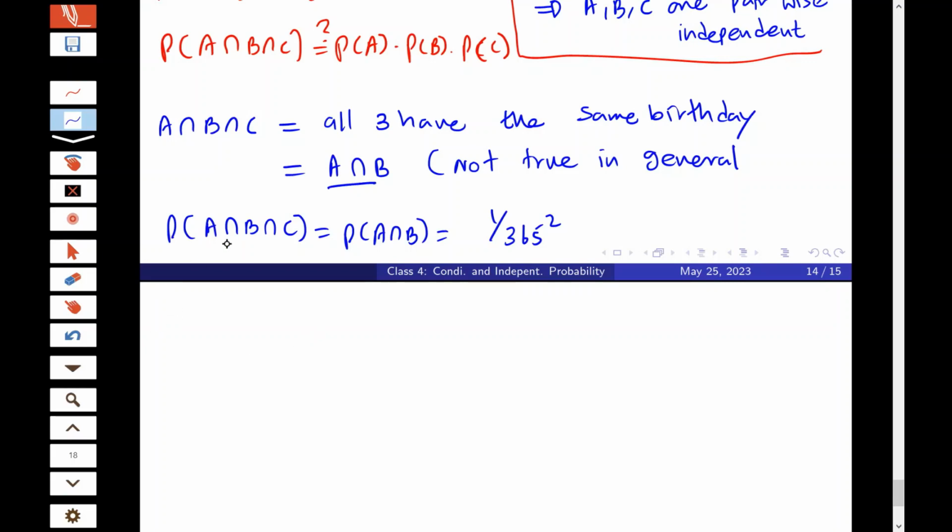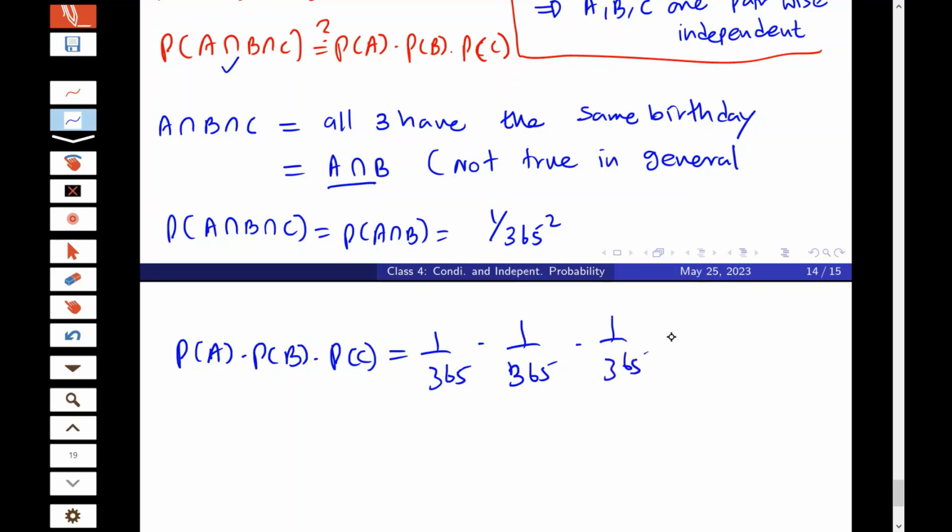Now we have found this probability, we can check the product on the right hand side. P(A) times P(B) times P(C) is 1/365 times 1/365 times 1/365, which is 1/365 squared. Sorry, cube.